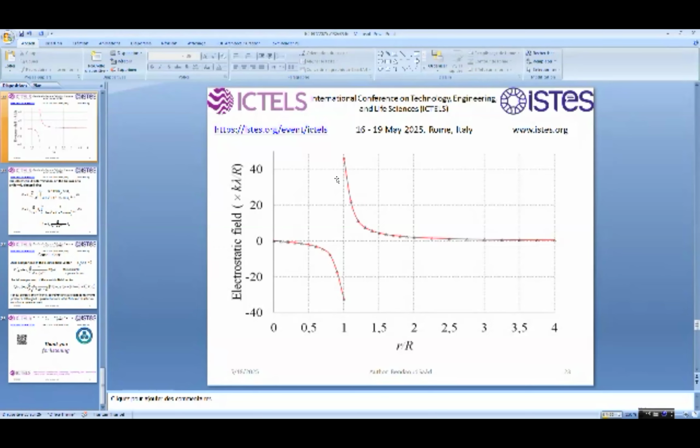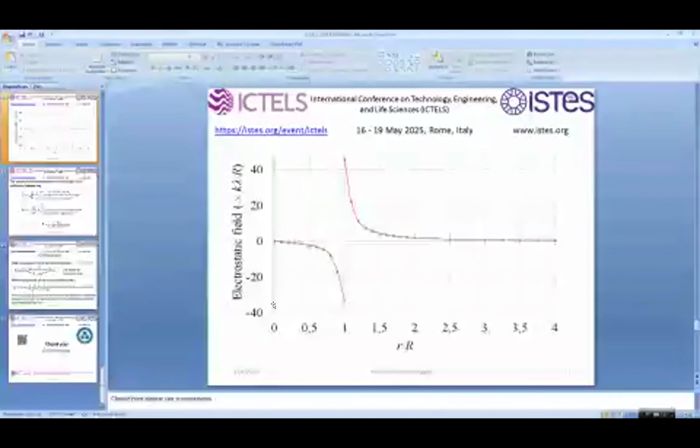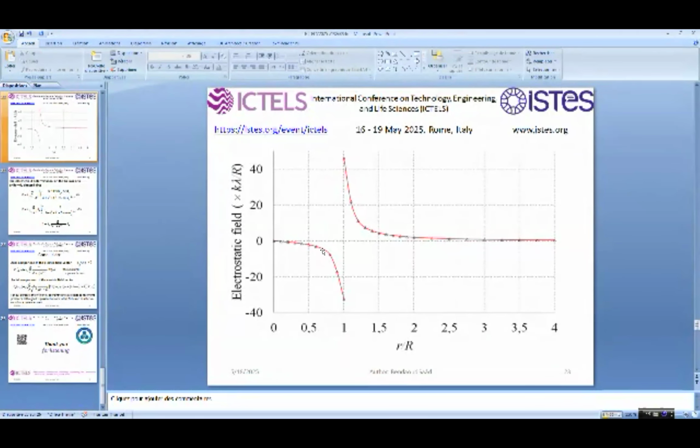It diverges when k is equal to 1, near the ring, but in the center of the ring, the electric field is equal to 0, and it goes toward infinity in the vicinity of the ring, inside the ring, but here outside the ring.